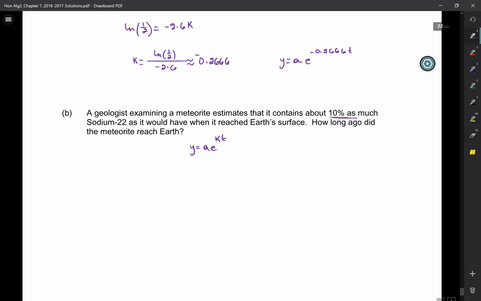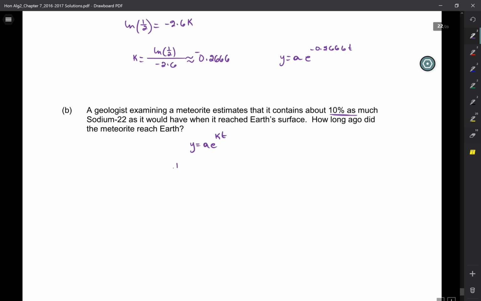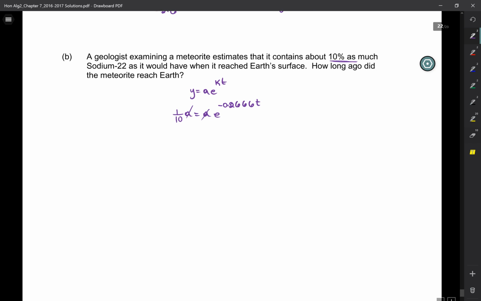Now, currently, it's got 10% as much as it had initially. So it's 1/10 of A equal to A e to the negative 0.2666 T. The A's will go away.